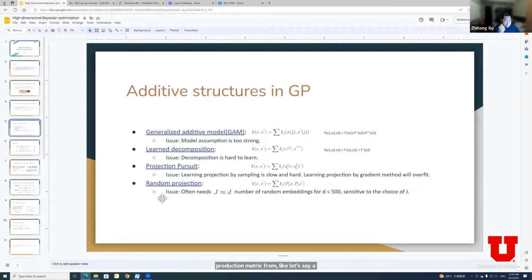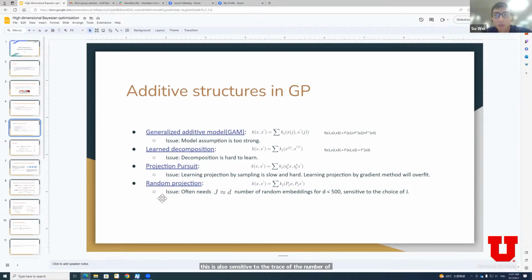The issue with this, from what I found, is that we often need a large number of random projections when the input dimension is below 500, similar to the original input. It is also sensitive to the choice of J, where J is the total number of projections.